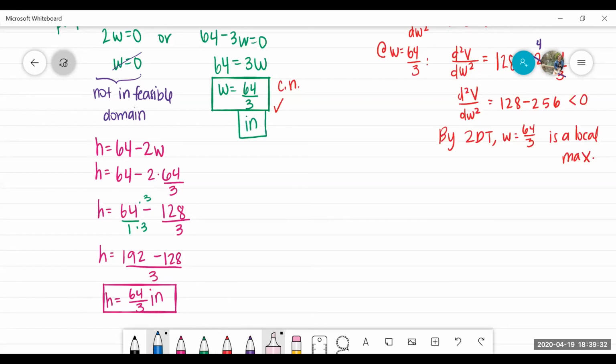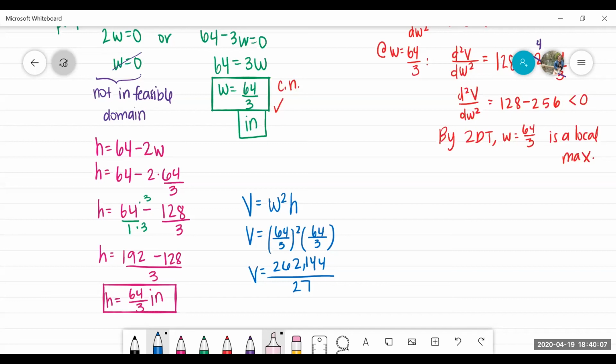And then the last thing that it wanted us to find is the volume. So volume was originally length times width times height. We adjusted to make it w squared h. So V is 64 over 3 squared times 64 over 3. So we're essentially looking at this cubed. 64 cubed is 262,144 over 27.